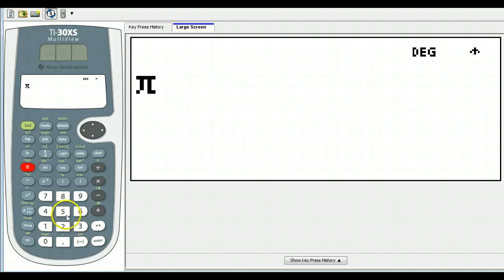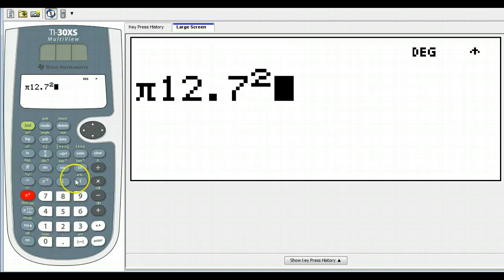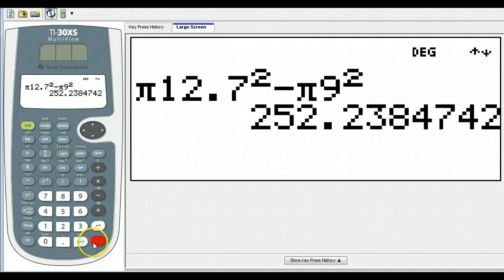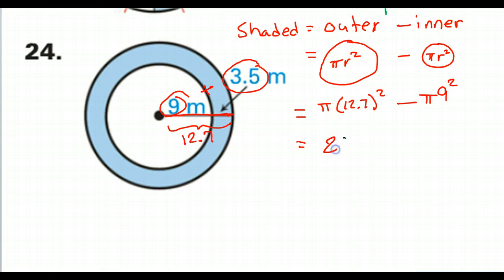So what we have is pi times 12.7 squared minus pi times 9 squared. So that gives us 252.24 meters squared, because we're dealing with area.